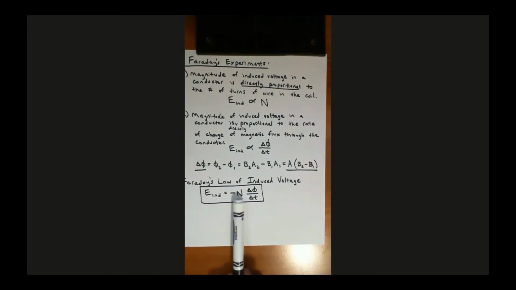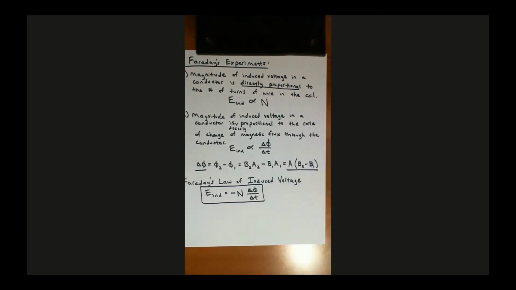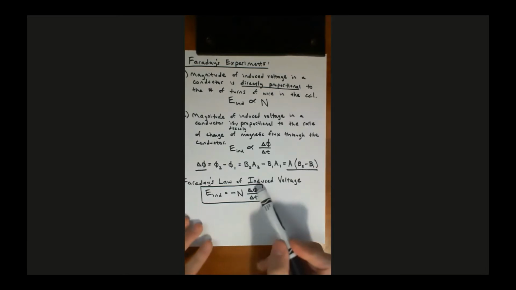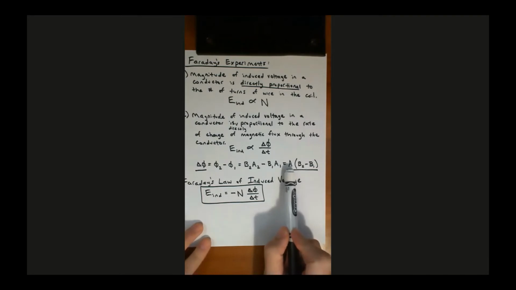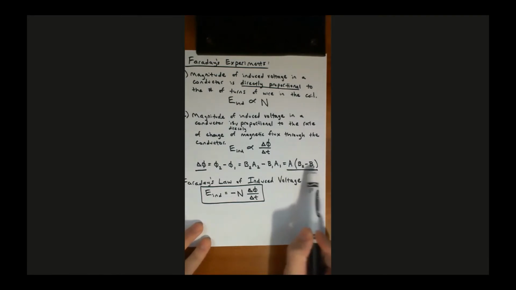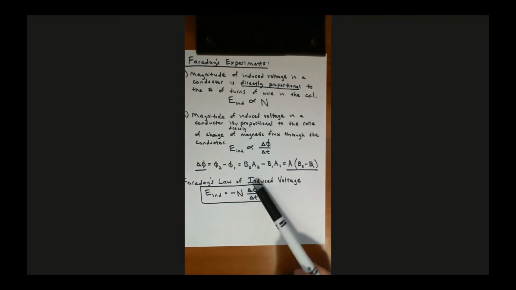I could also do it by increasing the change of magnetic flux. All right, and I can actually do that in two different ways, right? Because we had our change in magnetic flux is equal to the area of the coil of wire times the difference in the magnetic field as this thing is rotating. So there's actually two different ways I can change the change in magnetic flux.